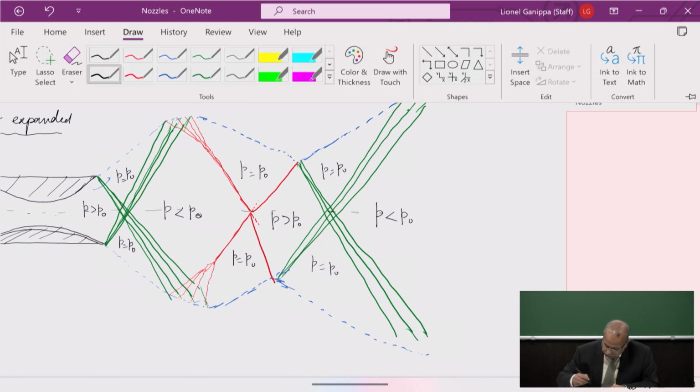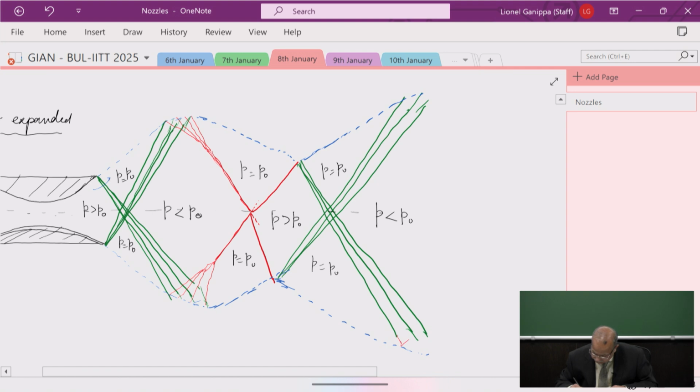Then you see the flow again intersecting to form an unlike reflection, form a weak oblique shock, which coalesces to form a strong oblique shock.